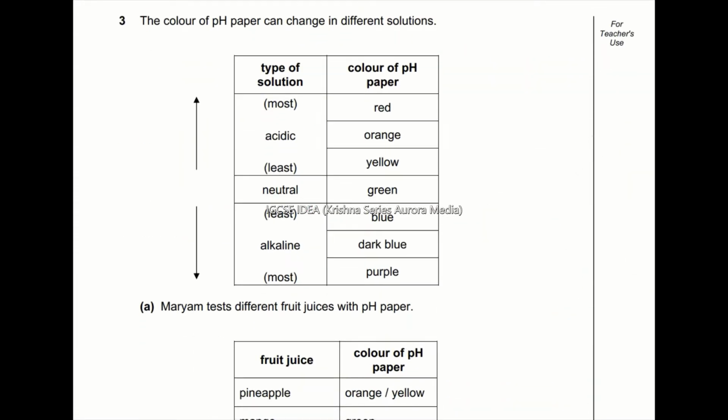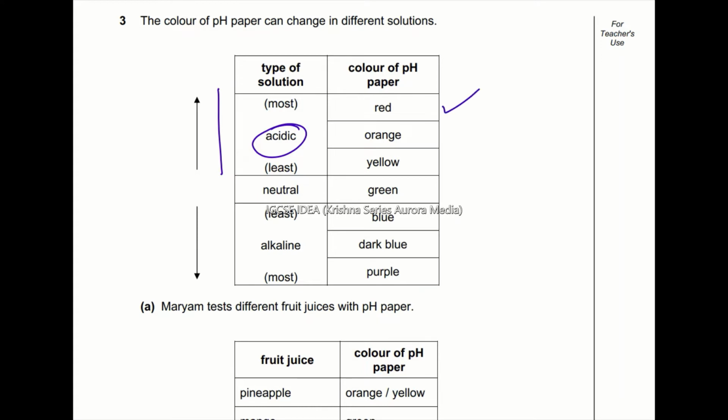Question 3. The color of pH paper can change in different solutions. Yes. Type of solution. This is an acidic solution. Okay, in acids, if a substance is very acidic, the color of pH paper is red.